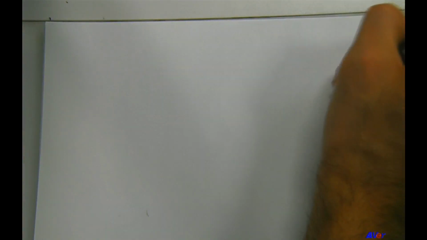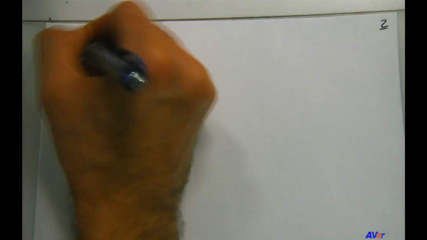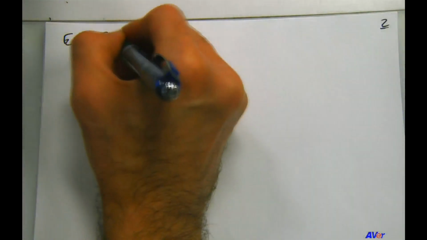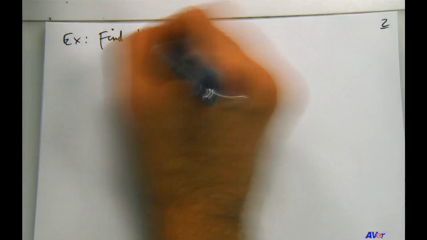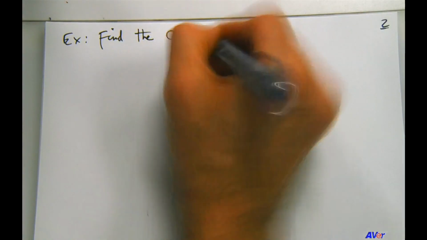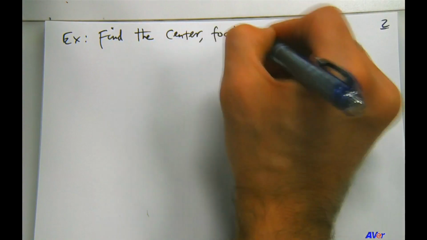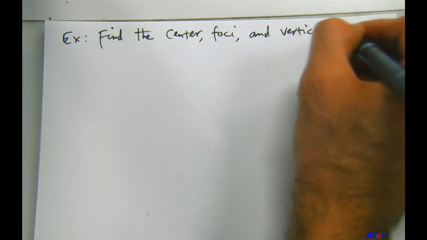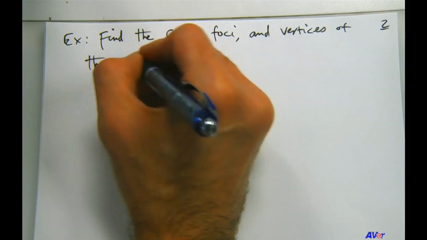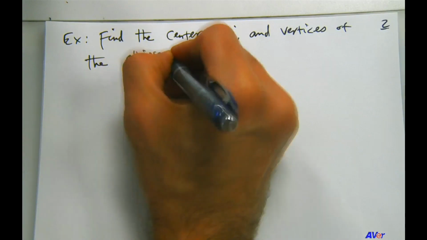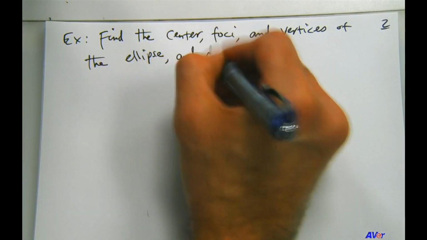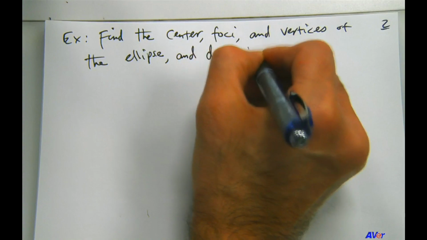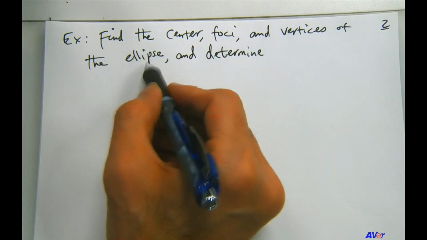Okay, so in this example, we want to find... So this ellipse is given to us.